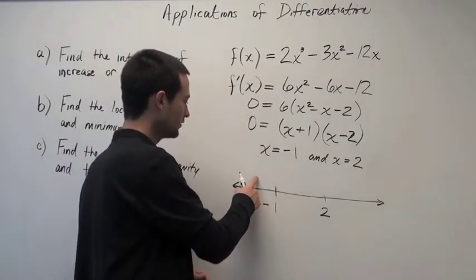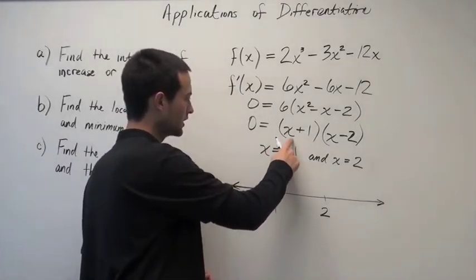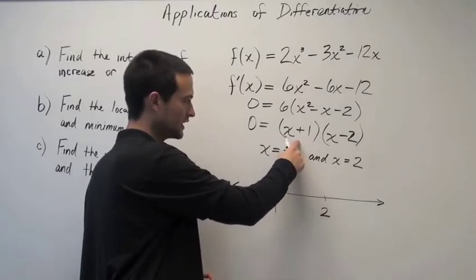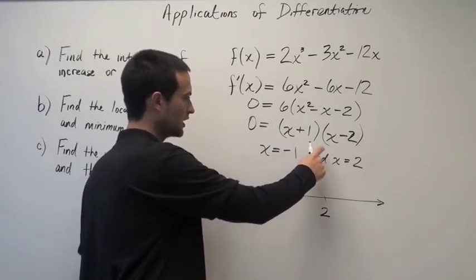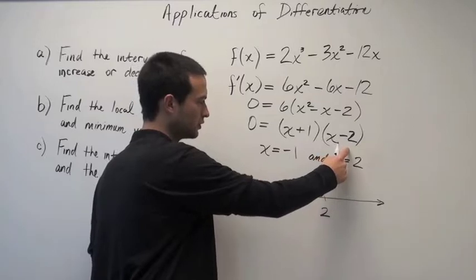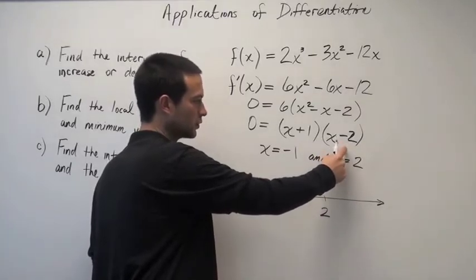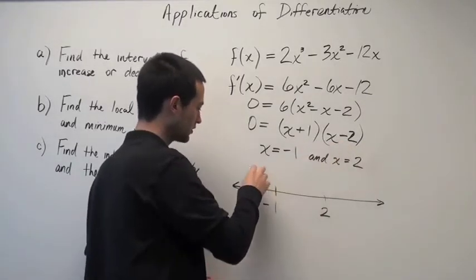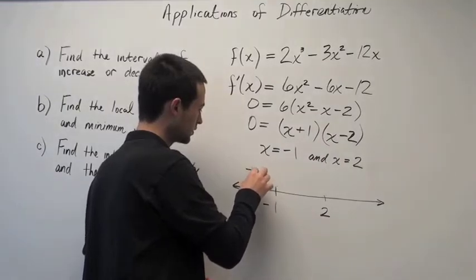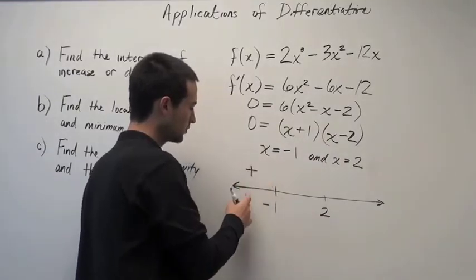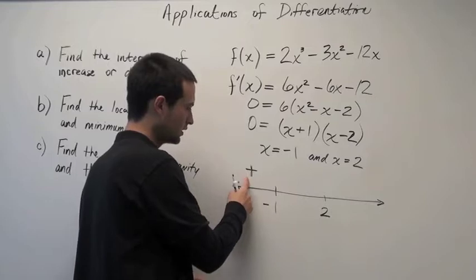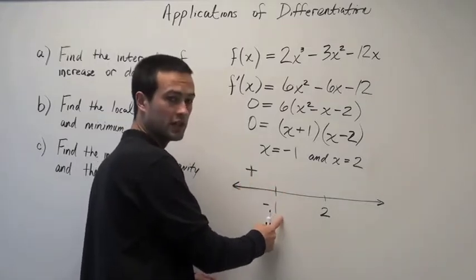So if we plug in -2 here, we would get -2 plus 1 is -1, and then -2 minus 2 is -4. So negative times a negative gives us a positive. So it's increasing here.